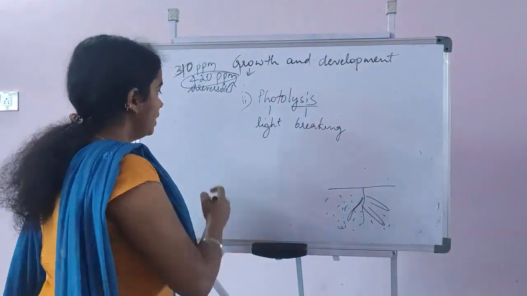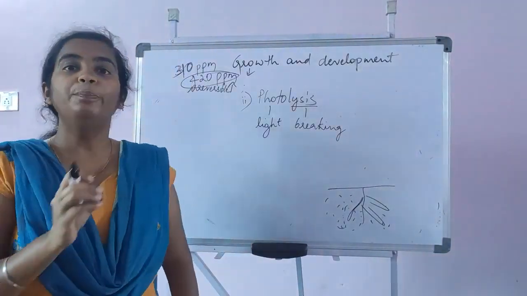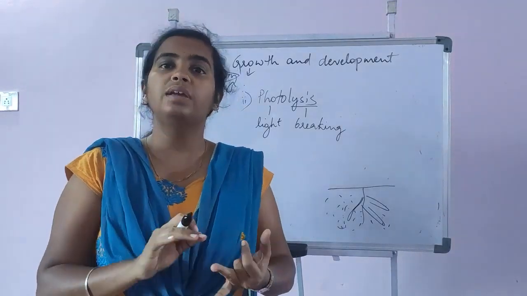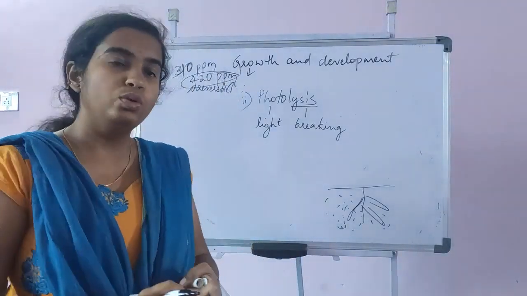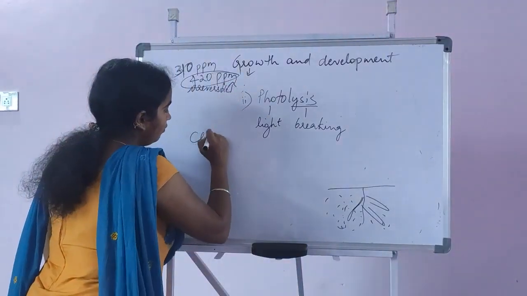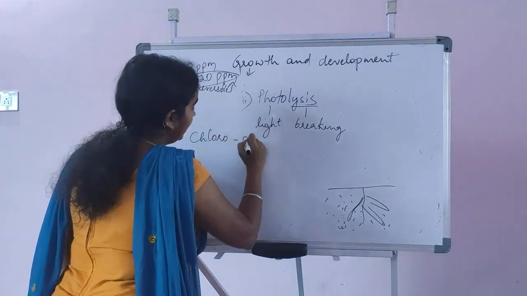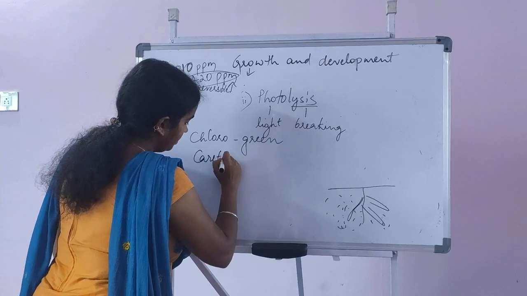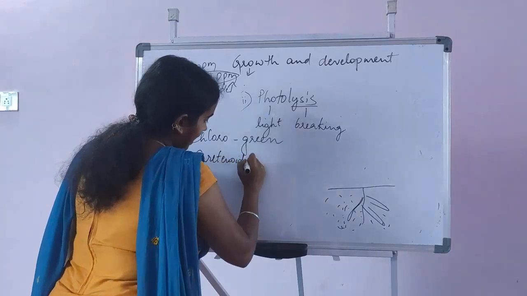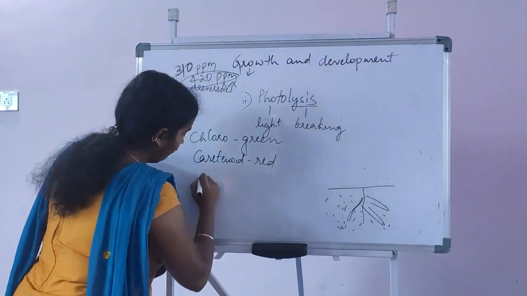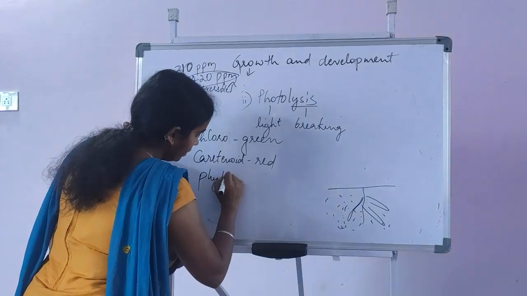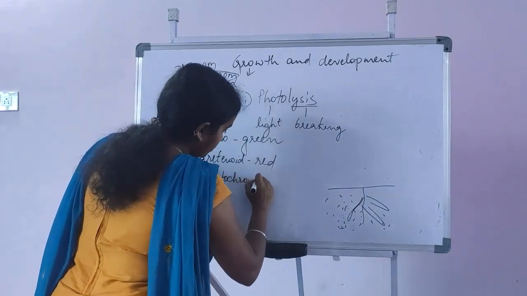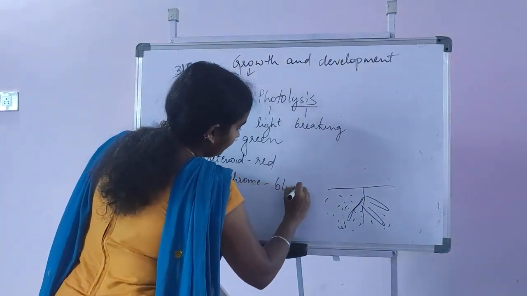How does this happen? We know that there are different pigments in the plant, like chlorophyll, carotenoids, and phytochrome. Chlorophyll absorbs green light, carotenoid absorbs red light, and phytochrome absorbs blue light.